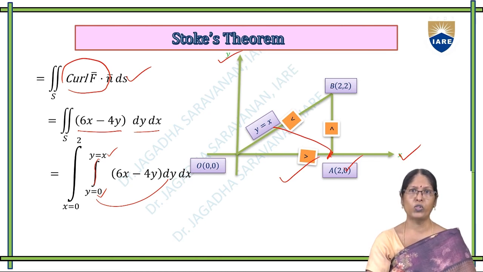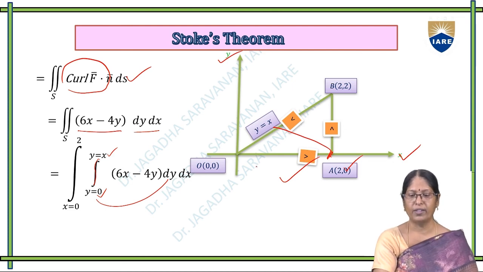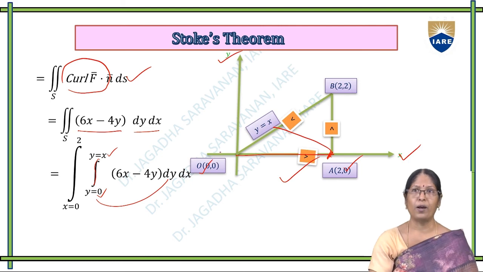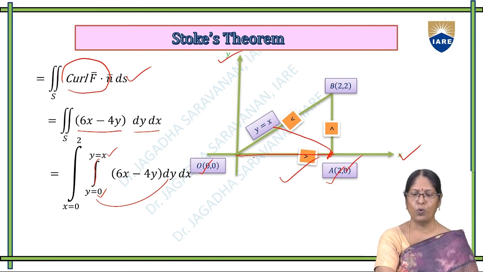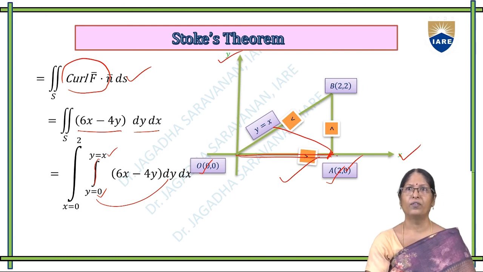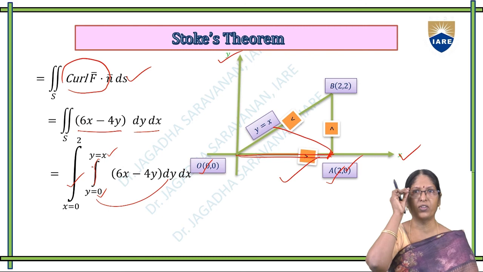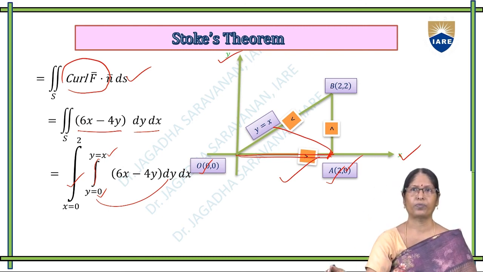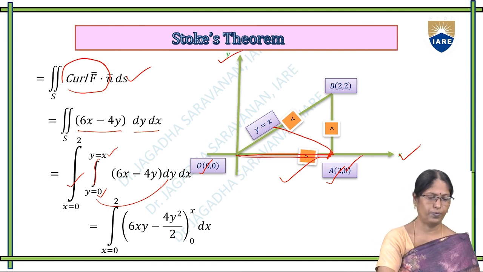The outermost one is x, which moves from 0 to 2. So the outermost integration is written from 0 to 2. Now we will do the integration.